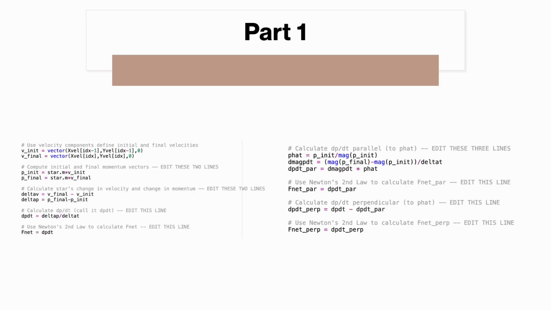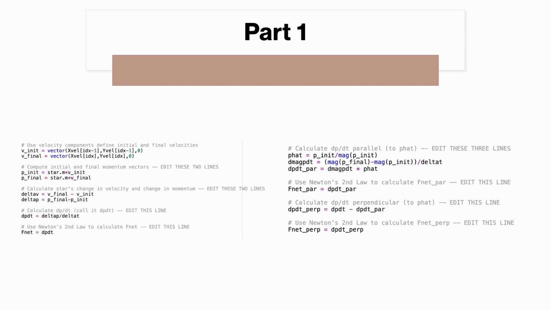So for part 1, I began my calculations by finding the initial momentum and the final momentum, and also delta V and delta P, which is going to get us delta P over delta T, which is equal to the Fnet, the sum of all forces on the black hole and on the spaceship and on the star.